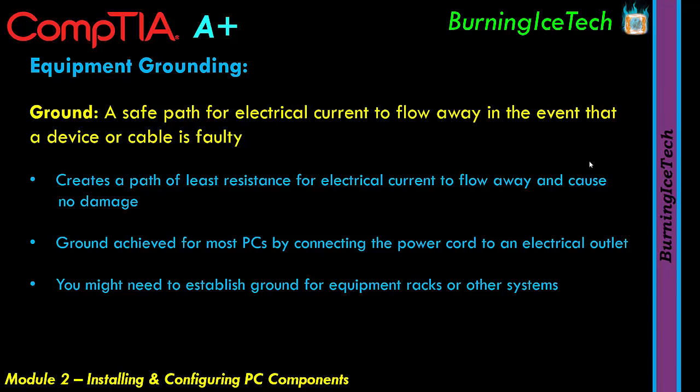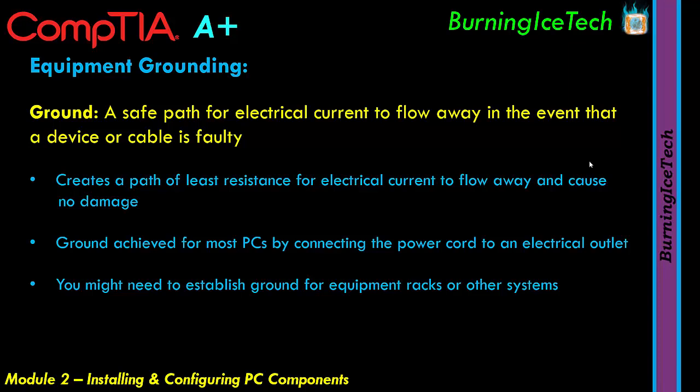And it's not because someone forgot to ground it, it actually just comes out like that, especially if it's something that doesn't have a very high amperage. So risky behavior, but that is the behavior for some countries. They mentioned it creates a path of least resistance for electrical current to flow away and cause no damage. If there's no ground, yeah, it's not going to end well.